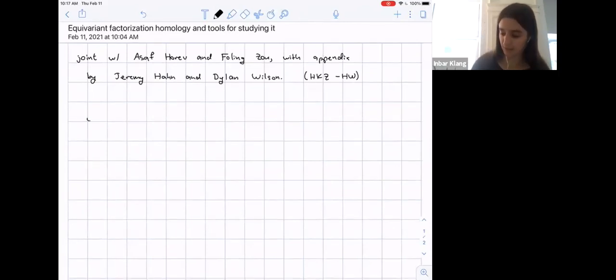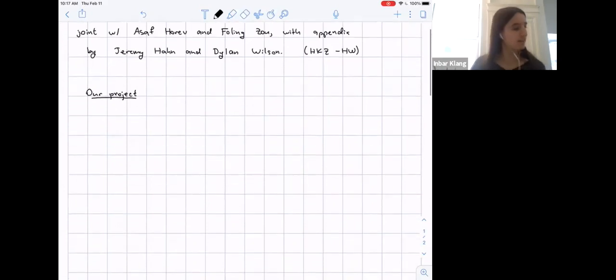So we're studying G-equivariant factorization homology.